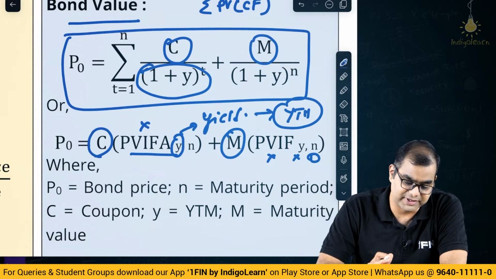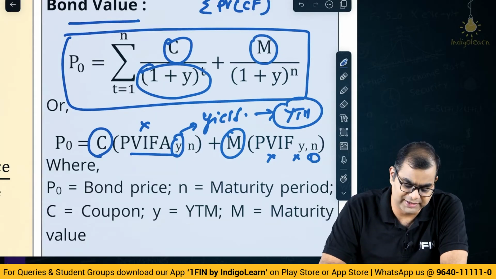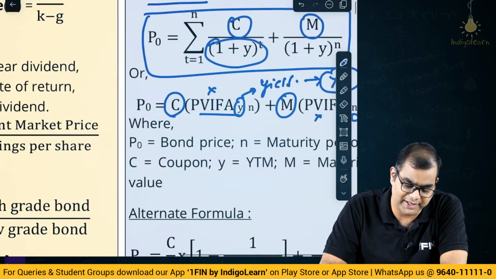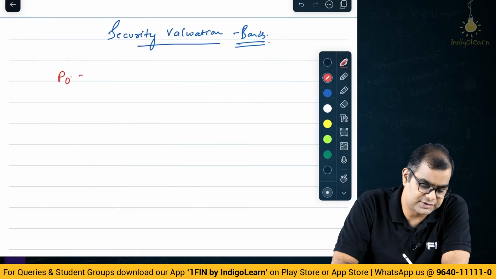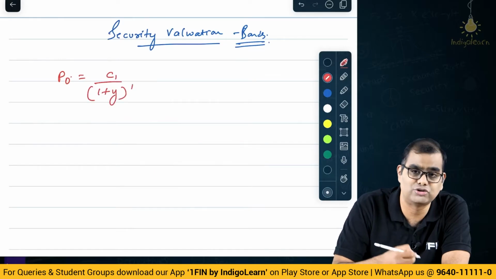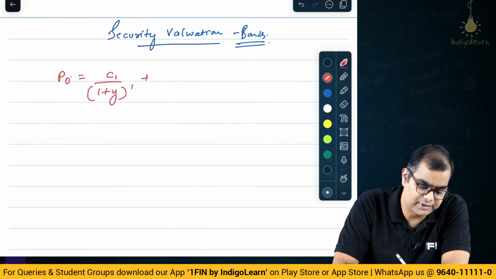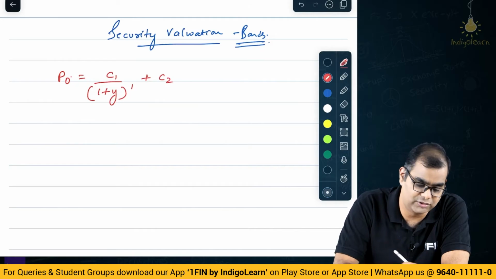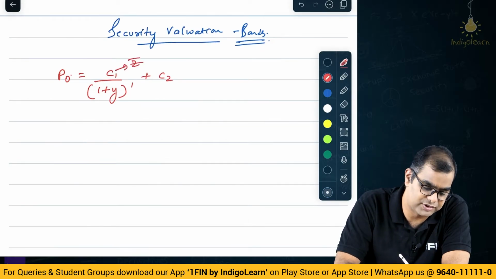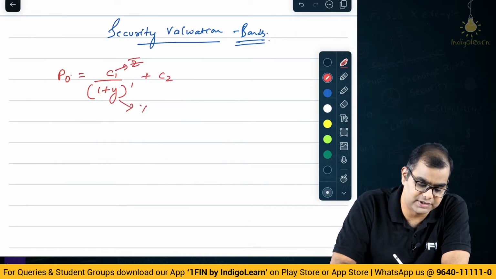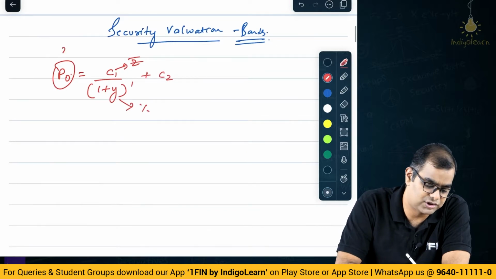So this is basically the value of the bond. I will explain it in a slightly simpler manner. Bond price P0 is equal to C1 by (1 plus yield) whole power 1, assuming it is an annual bond, plus C2, which is coupon. Here C is in rupee terms, and yield is in percentage terms. Price, of course, is in rupee terms.